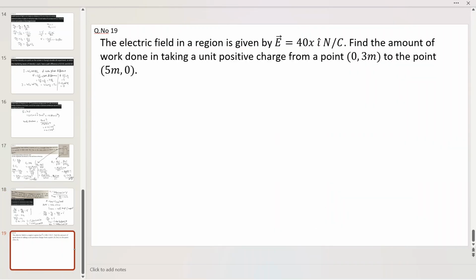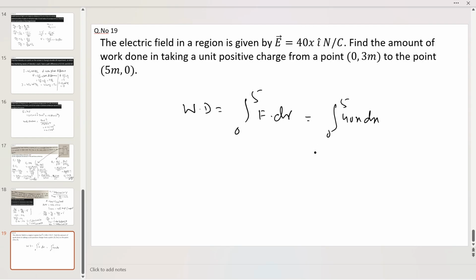Now my next question is you have to find the work done. The electric field in the region is given by 40x i cap. Find the amount of work done in taking a unit positive charge from 0 to 5 along the x-axis. Your work done will be the integral from 0 to 5 of F dot dr. F is 40x along the x direction, so it will be dx, i cap.